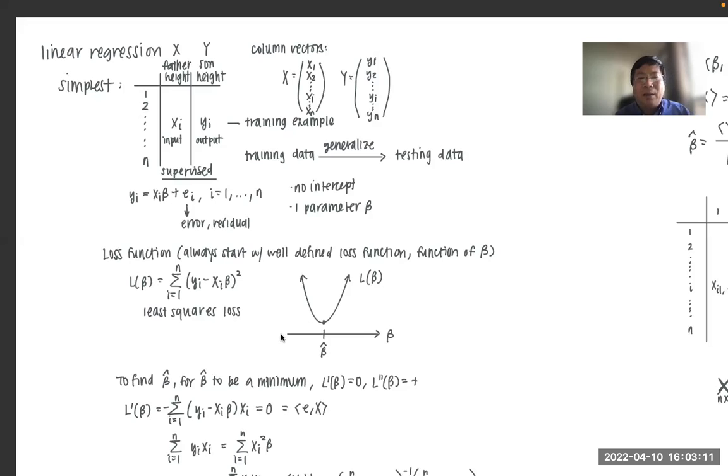Okay, so that's the basic idea of least squares. And later we shall also generalize this least square objective function to the multivariate situation where both xi and beta are p-dimensional vectors.